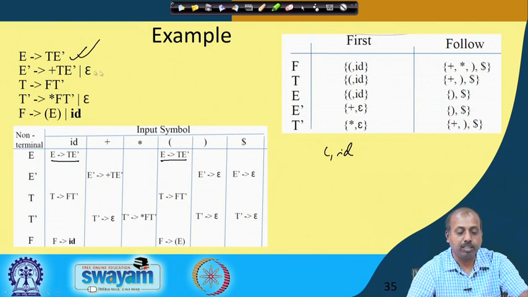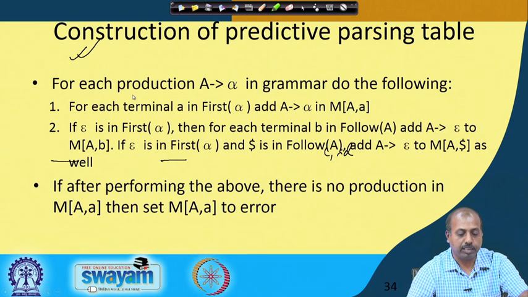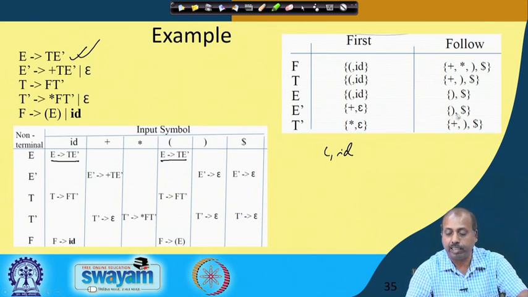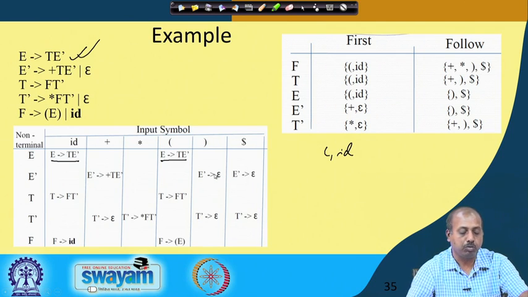By the second rule, whenever we have A producing epsilon, then whatever we have in the follow of A, there I should add this particular rule. Follow of E dash is bracket close and dollar. So, under bracket close and dollar I have added E dash producing epsilon.